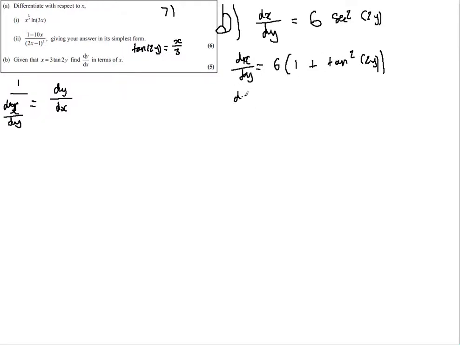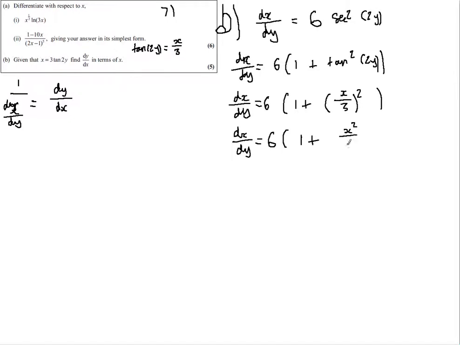So we get that dx/dy equals 6 into the brackets, 1 plus x over 3, all squared. We get that dx/dy equals 6 into 1 plus x squared over 9.